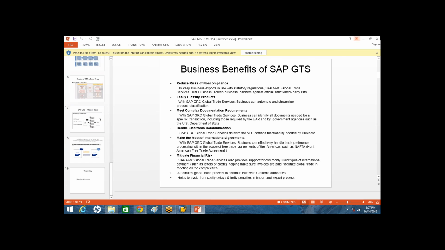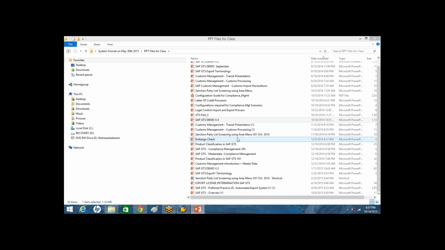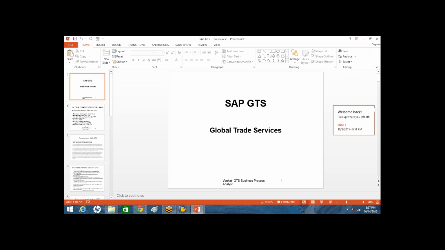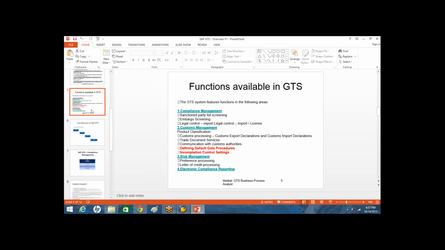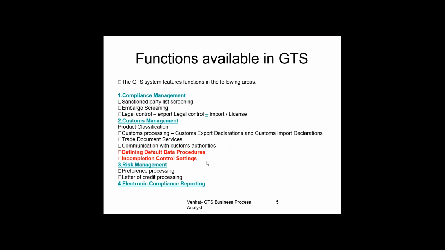No, it is not having any sub application areas or sub parts. It is not divided into any further application areas, because the fourth module, electronic compliance reporting, itself is an application area, and it itself is a submodule of SAP GTS.